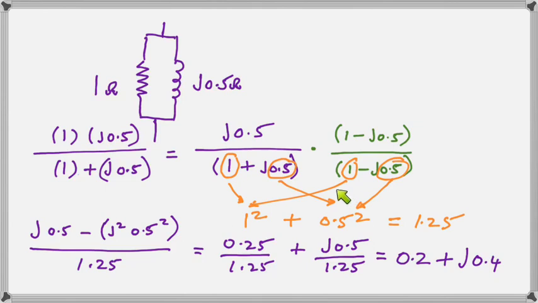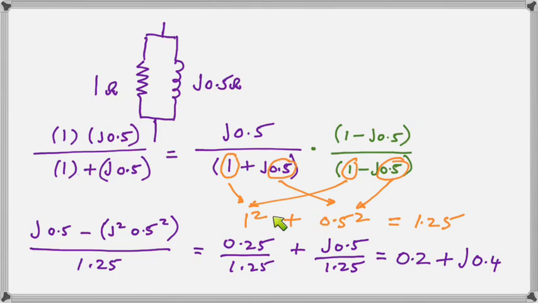As you can see, we get 1 squared, which is the first number. And then with the second number, we get the second number squared, which is 0.5 squared, and we just add them. Why can we add them? Because once again, we have J times J, which becomes minus 1, and this negative sign turns it back into positive 1. And the beauty of positive 1 is that it doesn't change anything.